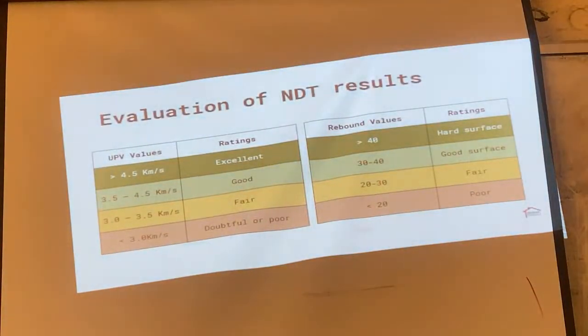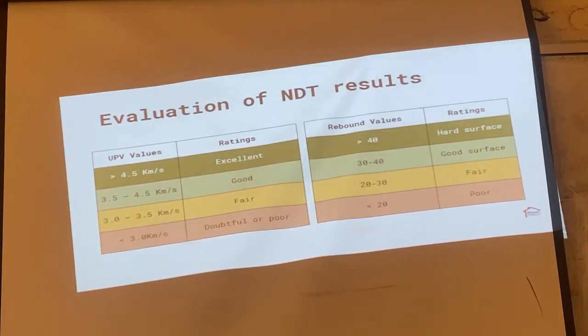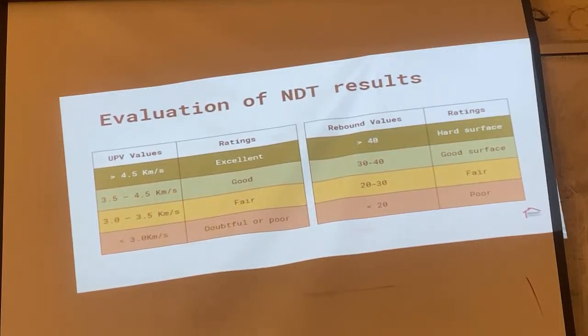We made some cube samples, cured them 28 days, 14 days, and so on. We carried out UPV tests on them, so we knew the values of those concretes. Then we took them to the lab and crushed them to know their compressive strength. With the UPV value and the compressive strength from crushing, we can create a correlation curve.